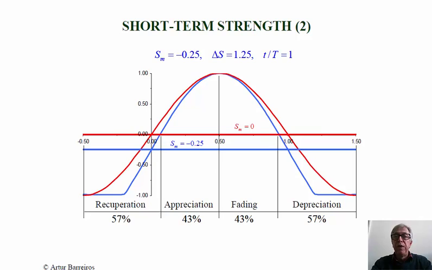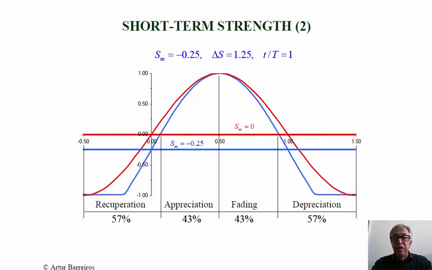In this figure, we have the reference situation in red, and in blue, we have the situation that we want to illustrate. The behavior in this case is distinct from the reference behavior, both in the accumulation phase and in the release phase. In the accumulation phase, it takes more time in the recuperation phase than in the appreciation phase. In other words, it takes longer to neutralize potential losses than to accumulate potential gains.